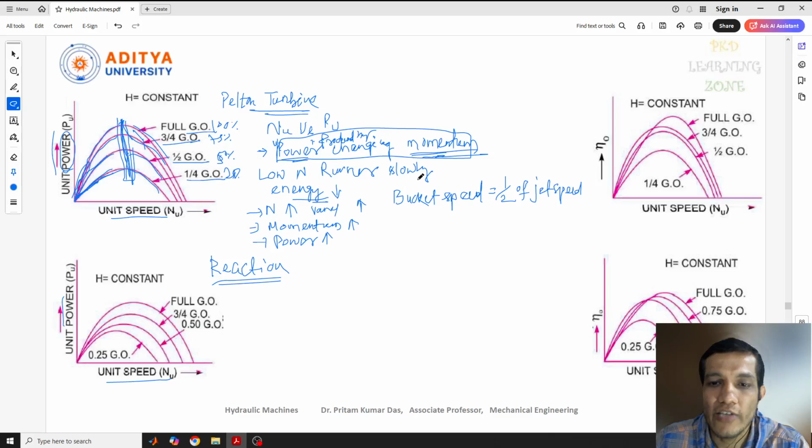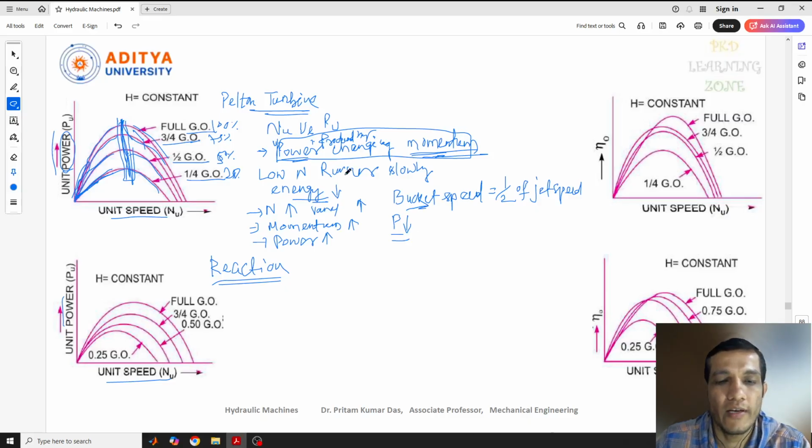The jet cannot strike the bucket properly because the jet starts slipping over the bucket, and there will be losses with the high speed. The bucket cannot change the momentum properly, and once momentum cannot be changed properly, we cannot produce more power. So power starts reducing from that perspective.